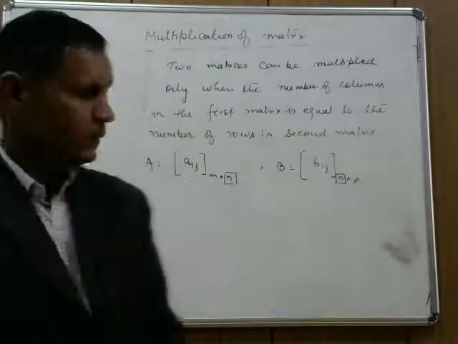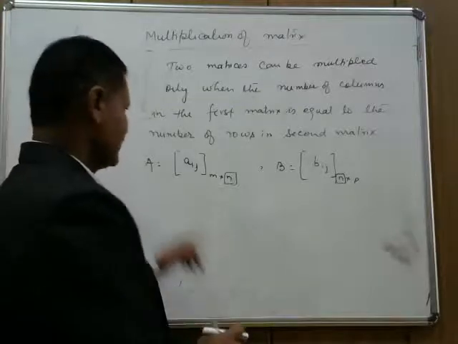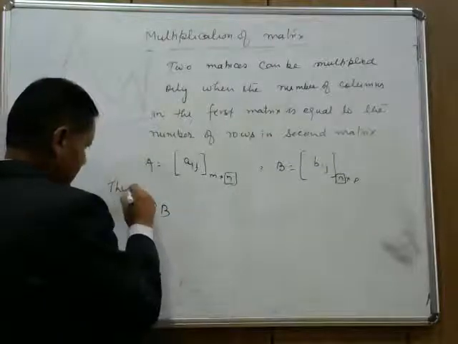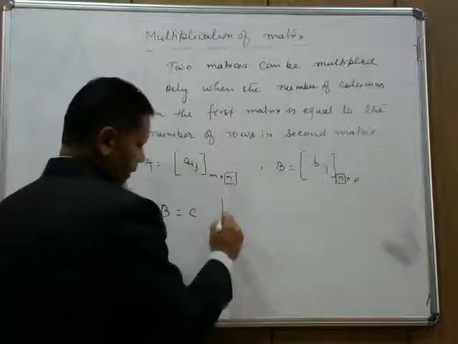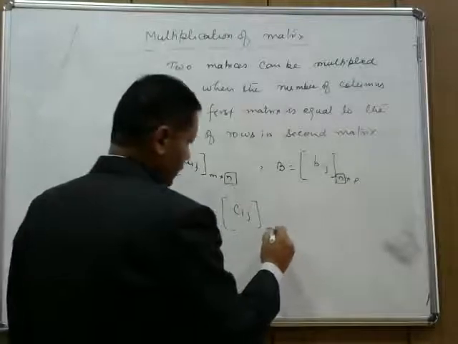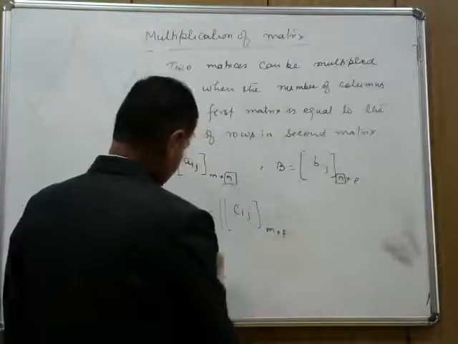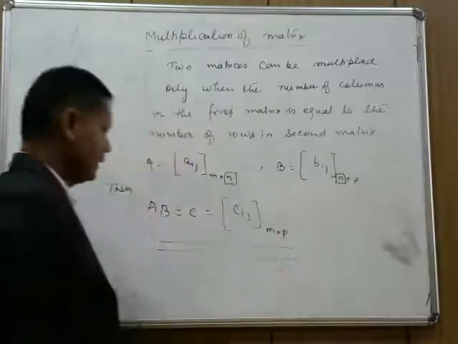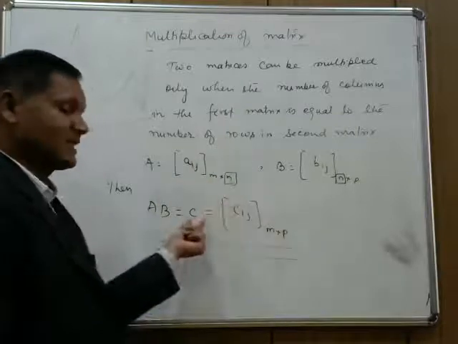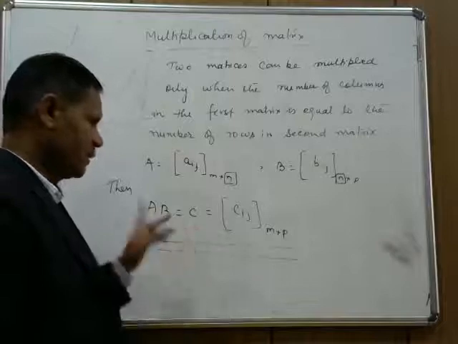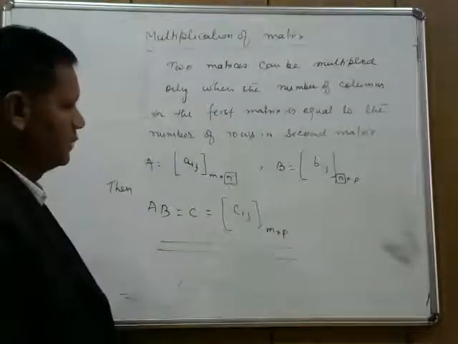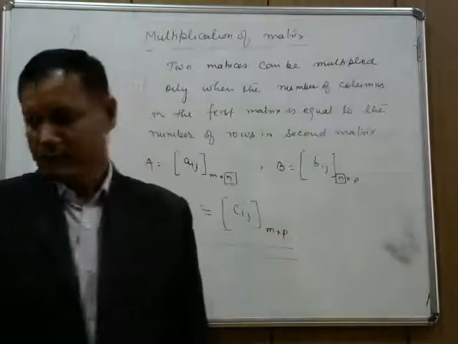Then only we can multiply them, and their product AB is equal to C, which I can write as Cij, and it will be of order m by p. Then AB, the product of matrices A and B, which I can consider as matrix C or write as AB, no problem. It will have the elements Cij of order m by p. Clear? This is very, very important.